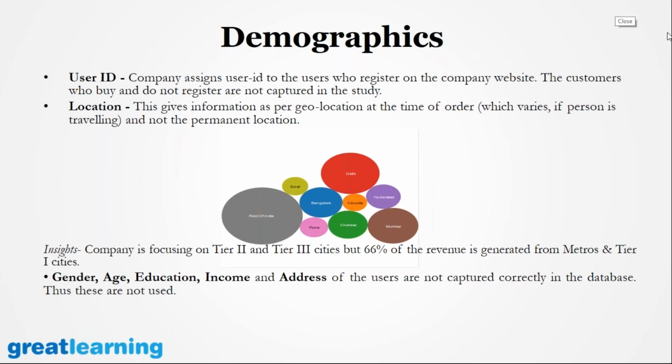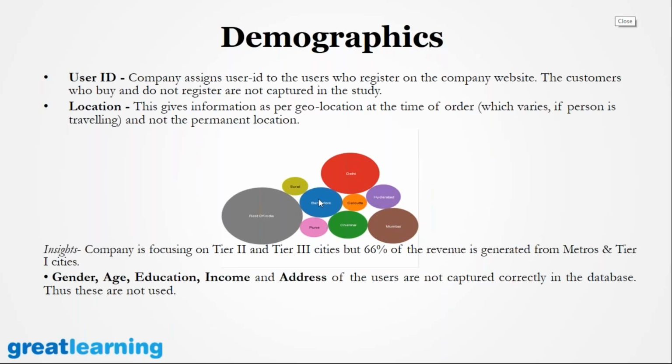location. This gives information as per geolocation at the time of order, which varies if a person is traveling and is not the permanent location. So we had categorized it. Insights: the company is focusing on tier 2 and tier 3 cities, but 66% of the revenue is generated from metros and tier 1 cities.